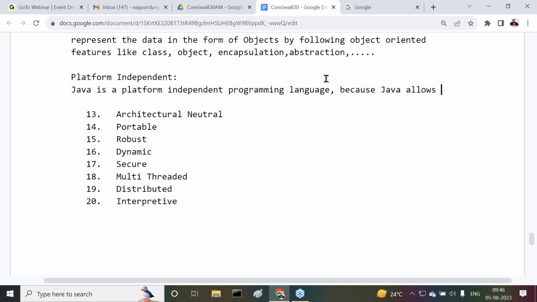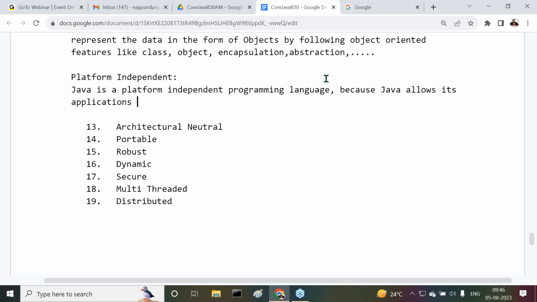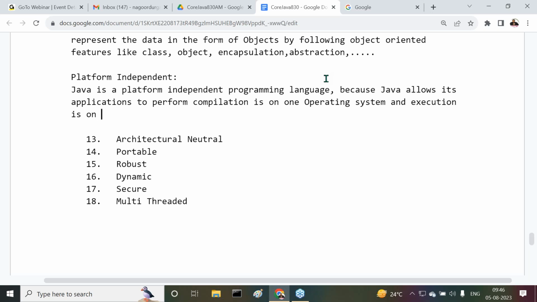Because Java allows its applications to perform compilation on one operating system, and execution on another operating system. Because of this reason, we can conclude that Java is a platform independent programming language. Okay, leave this one. Then what is the next one here?